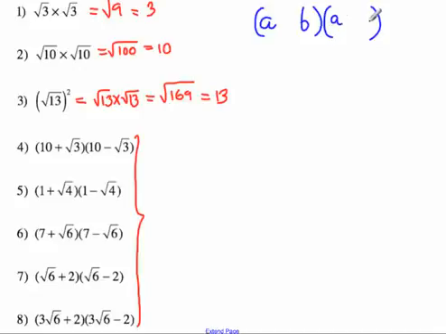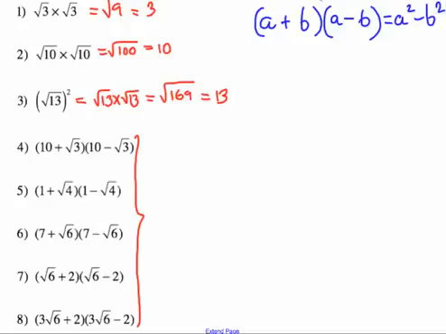And I've got the exact same two items in my second bracket, but in one of the brackets I'm adding these and in the other bracket I'm subtracting these. The answer, or the expanded version when you multiply out those brackets, is always a squared take away b squared.